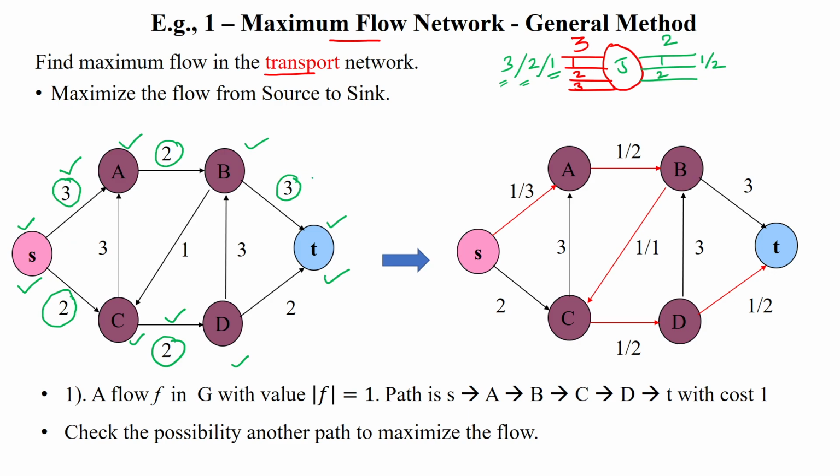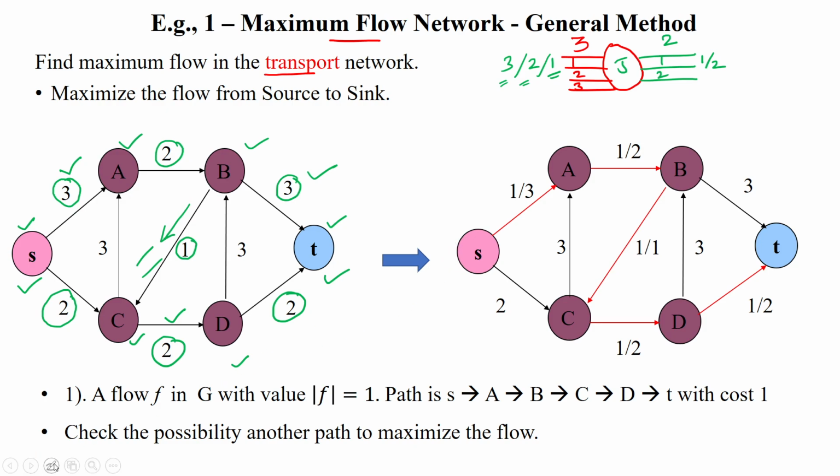But here you see the maximum vehicles that can be received from B is 3, and from D is 2. Like that, B to C, in this route we can drive only one vehicle at the time, because this is a single lane road, right? So like that, we have to identify the maximum flow from the source to the destination.